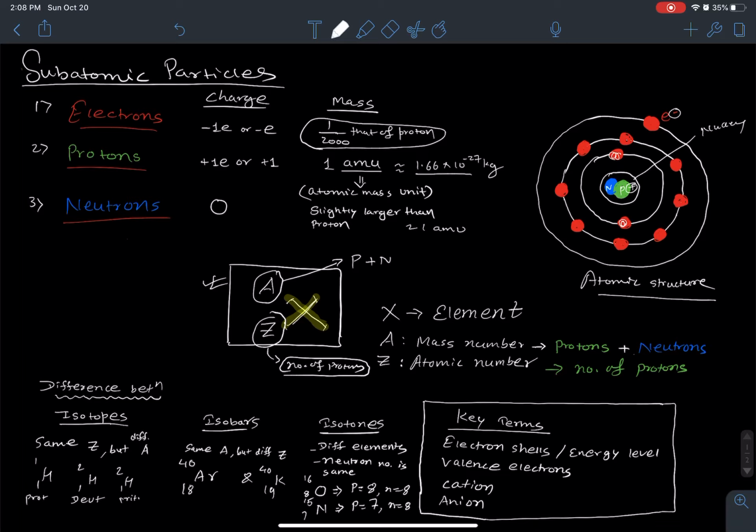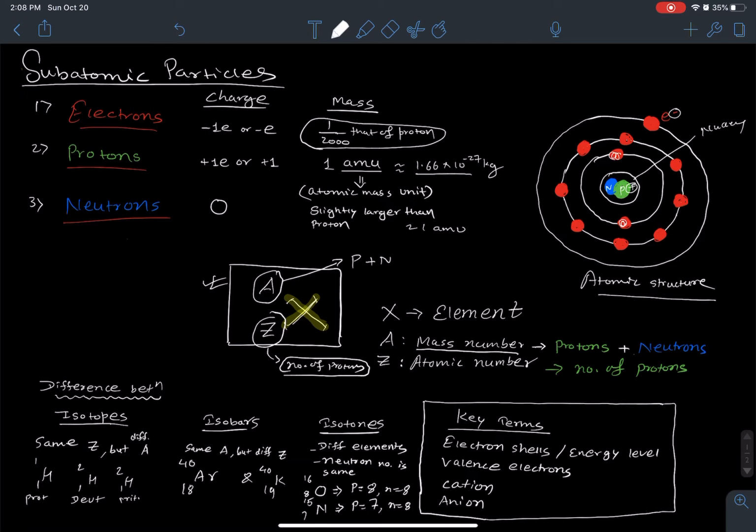If you combine them, 8 plus 8 gives 16, right? But here 7 plus 8 gives 15. So the protons and neutrons combined have to give the total, the mass number, right? So that's important.